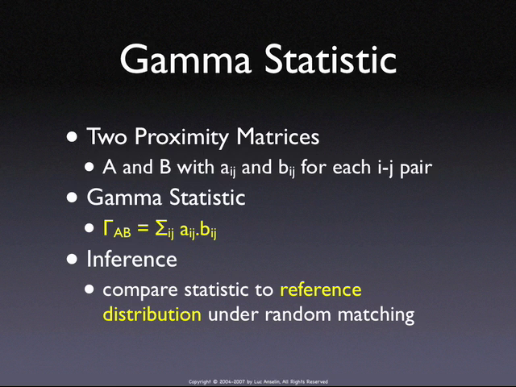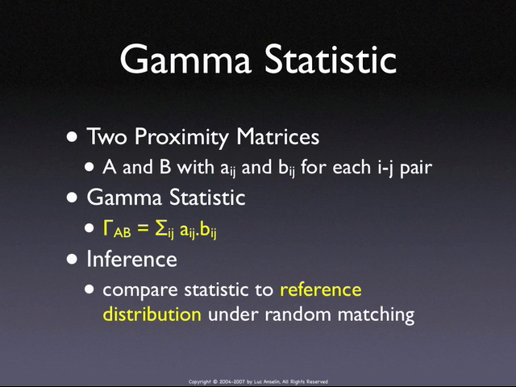And then the statistic is a product of these two: the product of a_ij and the matching b_ij. If you think of two matrices as two checkerboards, you put them behind each other, line them up, drill straight through the same cell, multiply the values in these cells with each other, and then add them all up.